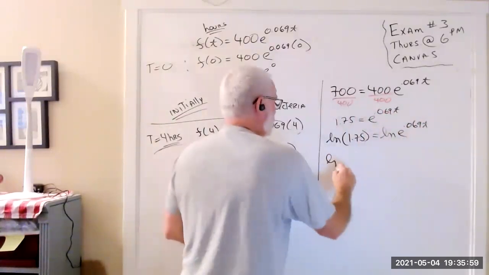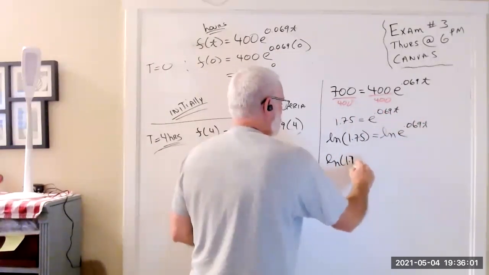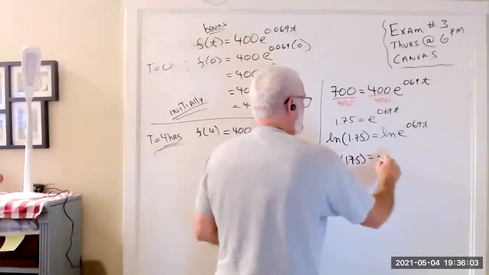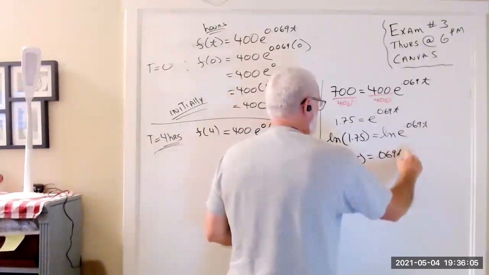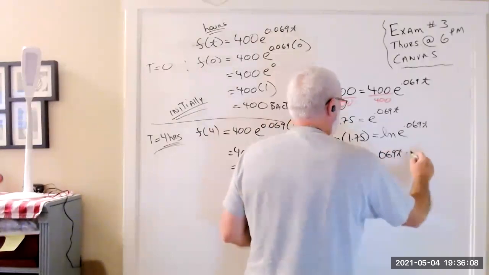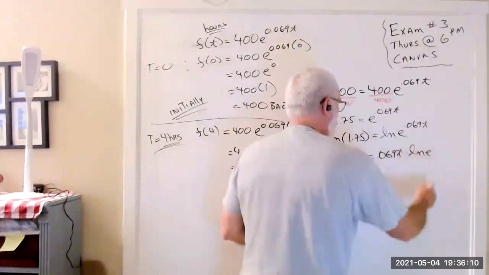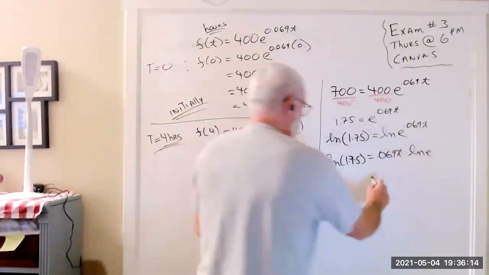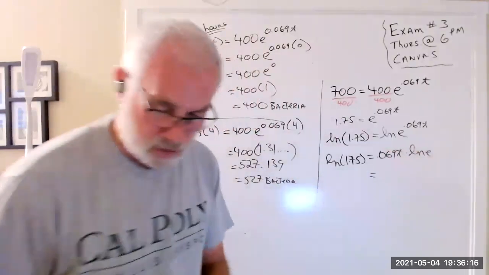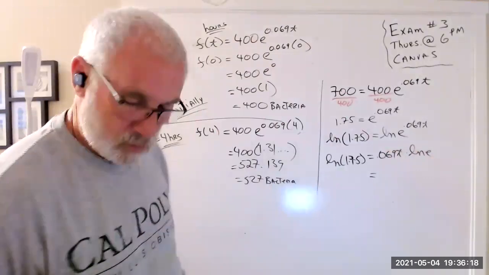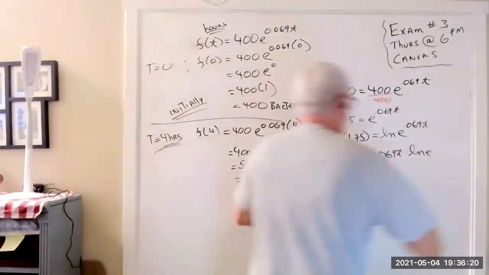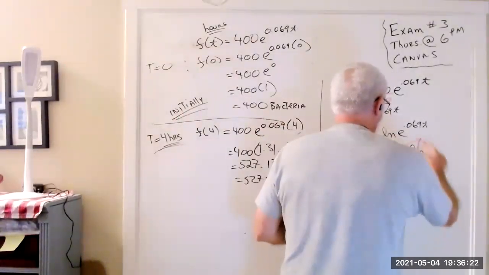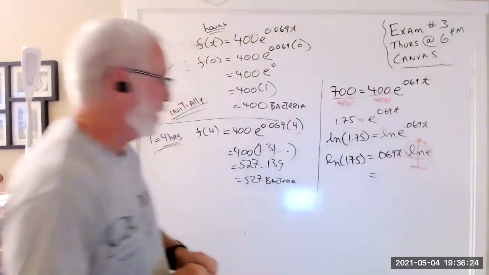So the ln of 1.75 equals 0.069 t times the ln of e. The rest of this I'm just going to do on my calculator. Again, the ln of e is worth 1, so it essentially drops out of the problem.